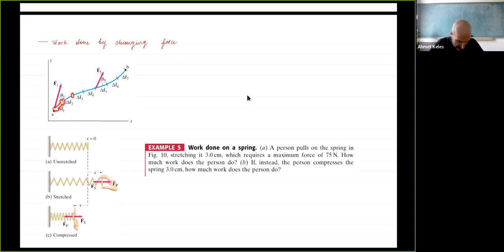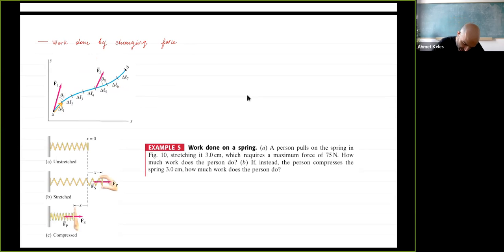In the next piece, there's another force, which is approximately constant, and so on. Maybe here it changes direction, but it's constant within the chunk. So what we do is calculate these little works one by one.